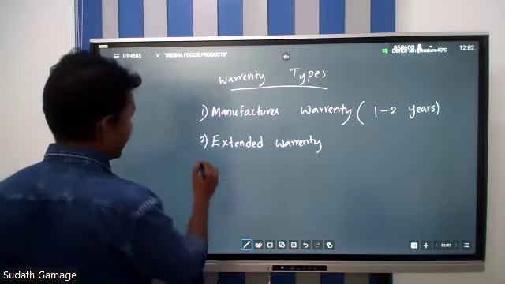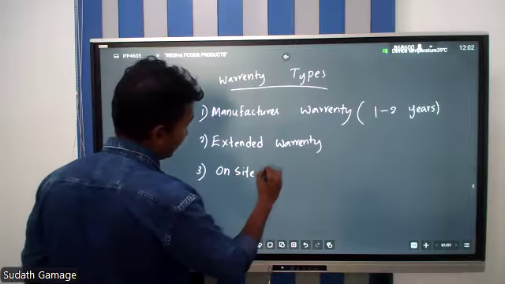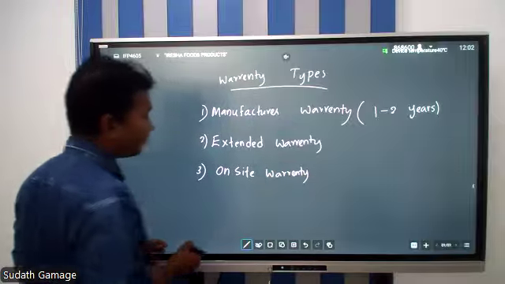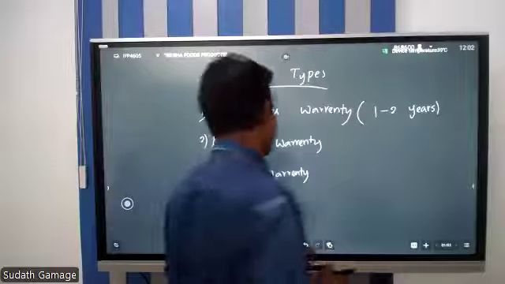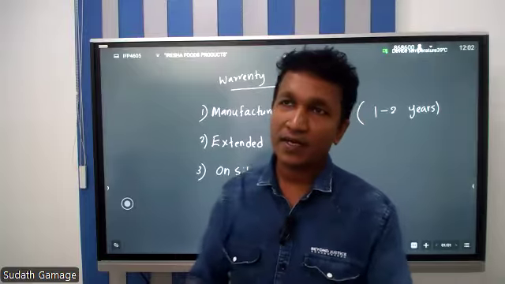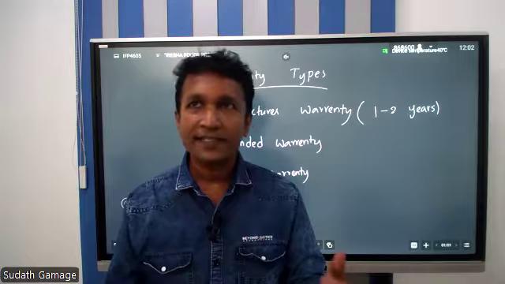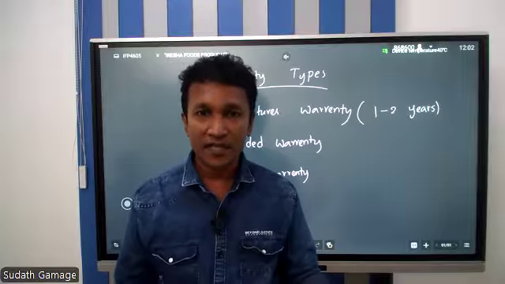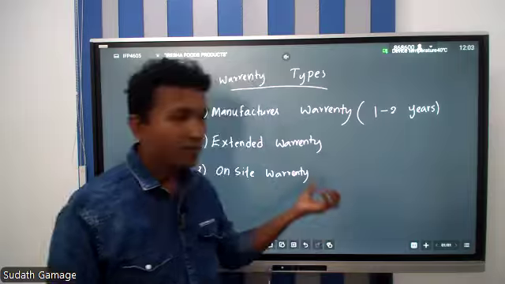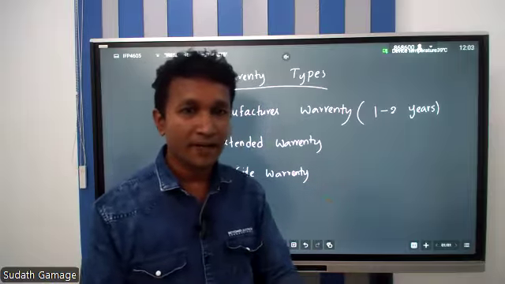Right? Then on-site warranty. What's the meaning of on-site warranty? Let's say I request a number of, let's say 10 computers for my staff. Then I will request from the shop owner that I want an on-site warranty.